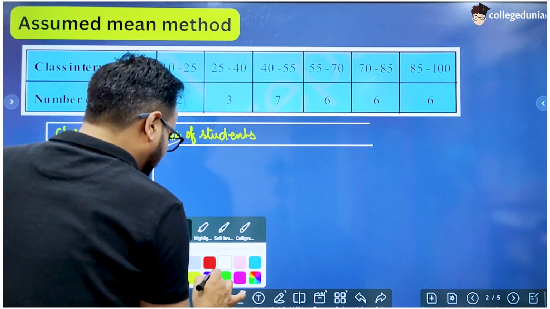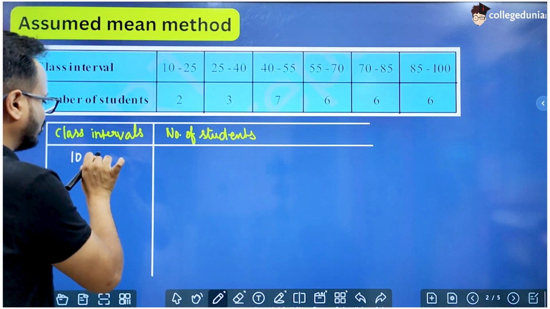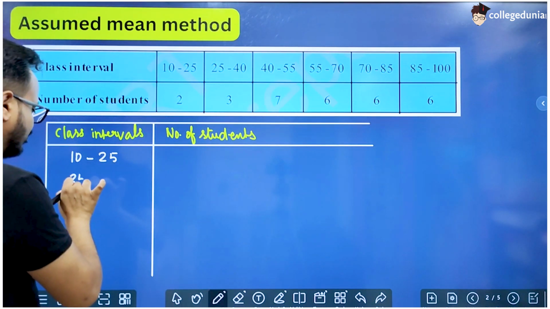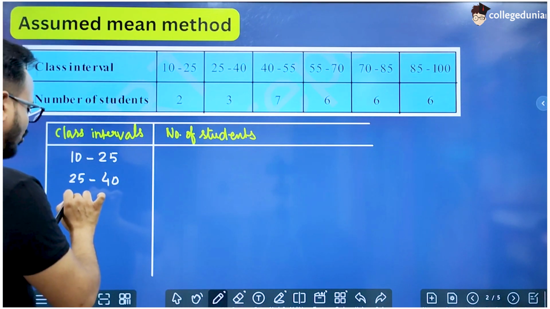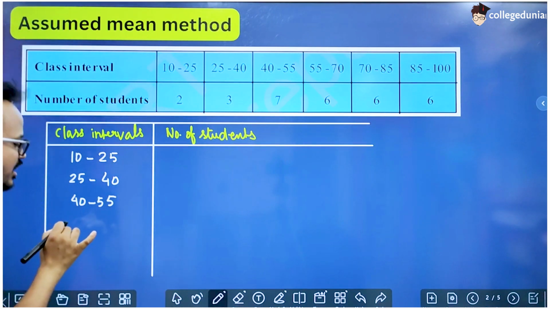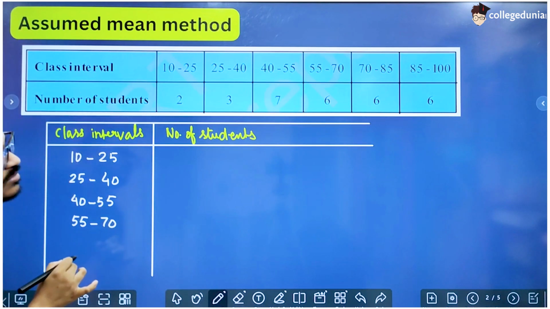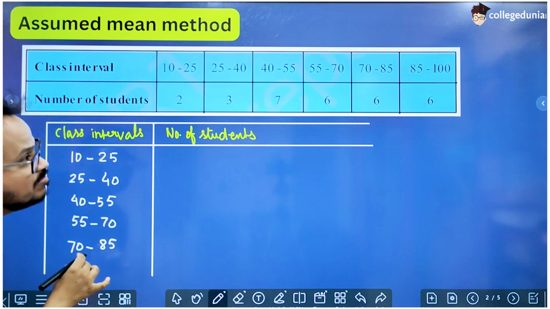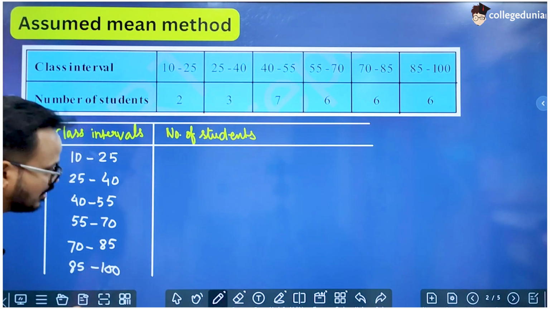Now we will make a table like this. First we will write these class intervals: 10 to 25, 25 to 40, then 40 to 55, then 55 to 70, 70 to 85, and 85 to 100.